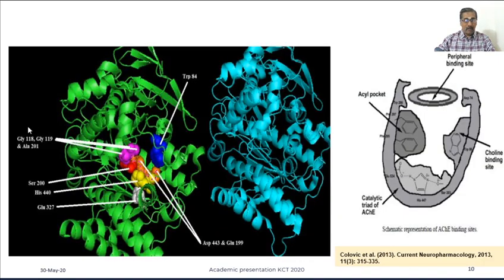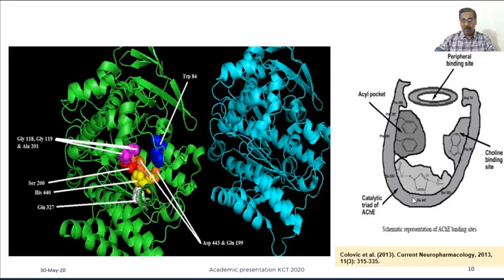You can see that even though these amino acids are distant in position, say tryptophan 84, aspartate 443 and serine 200, because of the folding of the protein, these amino acids are brought very close, in proximity with each other, which creates a small narrow cleft space where your acetylcholine will be fixed.